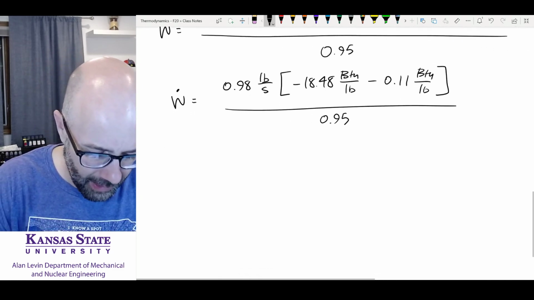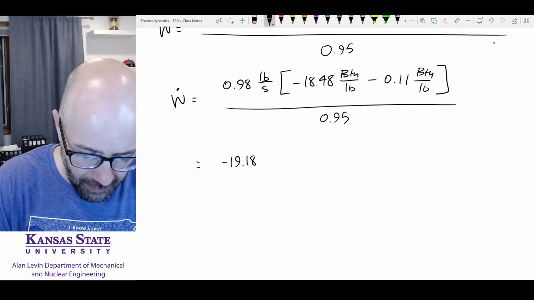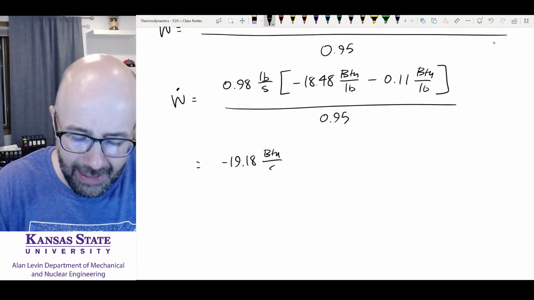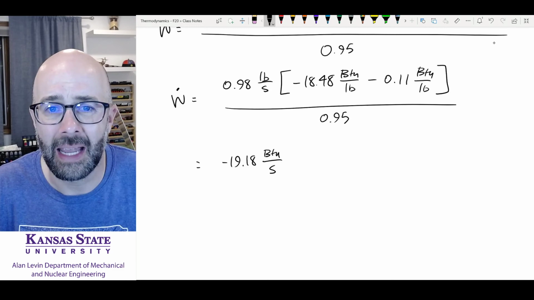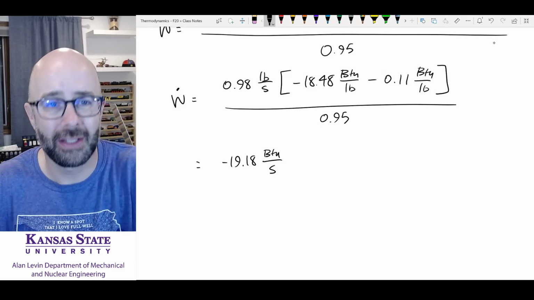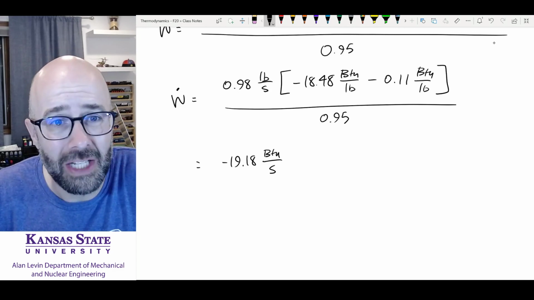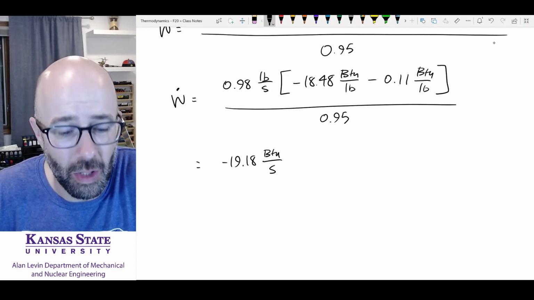Here, W dot is going to be equal to negative 19.18 BTU per second, and it's good that that's negative because it's a compressor. We're adding work from the surroundings into the system. It should be negative. We didn't want BTU per second in our answer. We wanted horsepower.